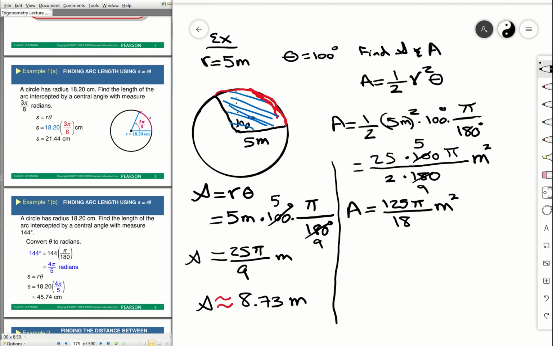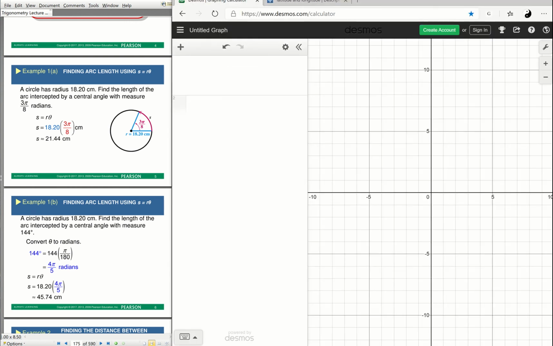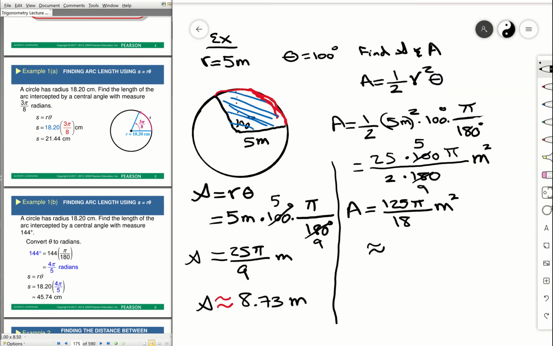And now we'll go ahead and get an approximate area as well. So we'll go back to our calculator and we'll calculate 125 pi over 18. Let me just start from scratch. So 125 pi over 18. And we get approximately 21.82 if we go to 2 decimal places.